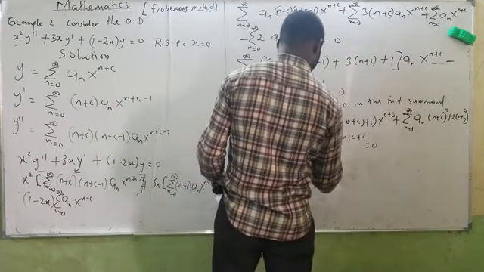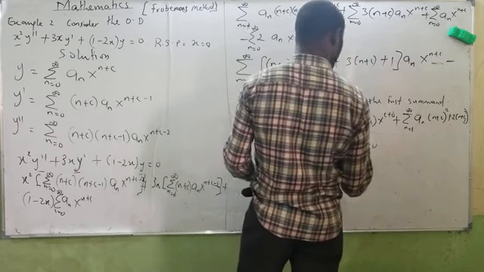It will be the summation of n from 1 to infinity, which I have a of n.